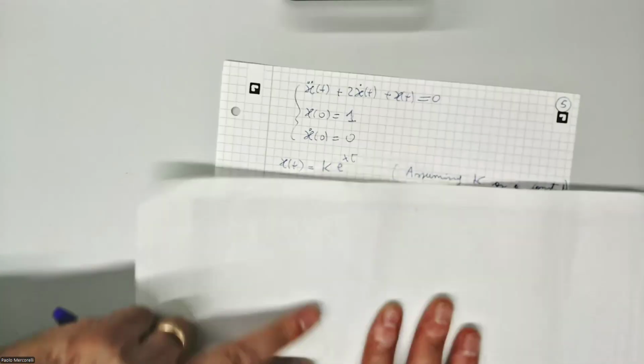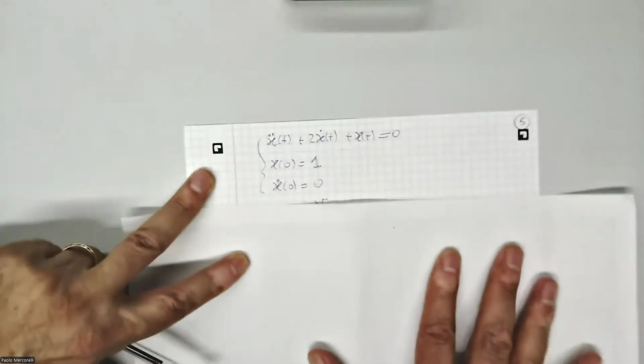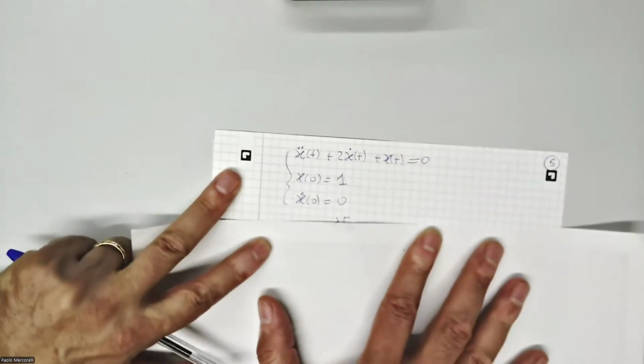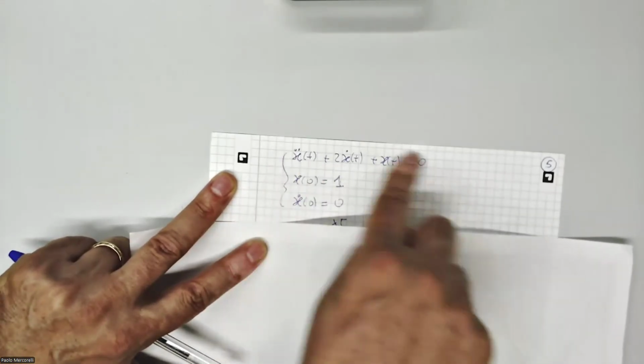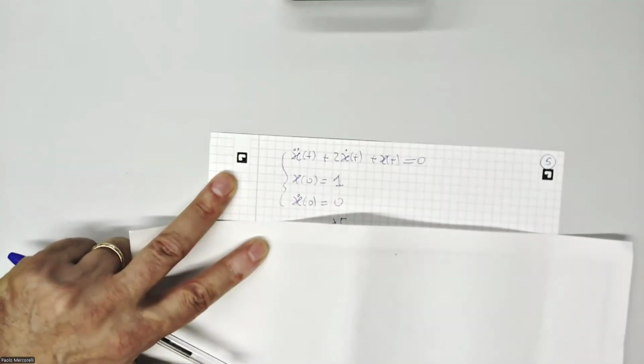Let me now share the lateral camera. Look at the system here. Now I will come back to the system we can see here, but in the form of a differential equation.